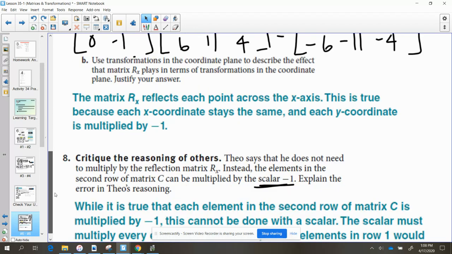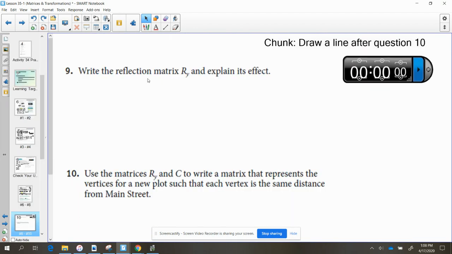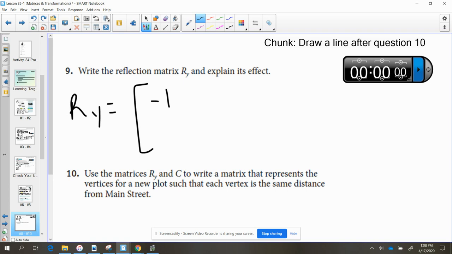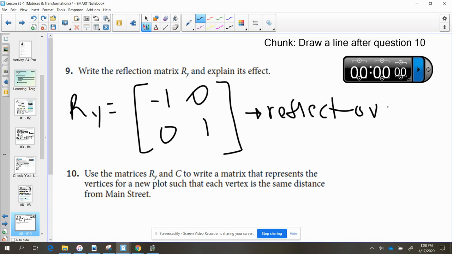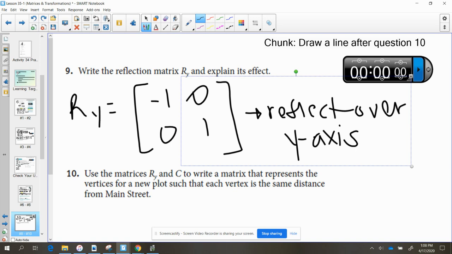When we talk about the R sub y matrix here, we need to be careful because we're going to represent this one with the first element negated now, the second one diagonal from it not negated, these are still 0. So again, this is going to reflect over the y-axis, aka all of your x values are what is going to get negated this time.